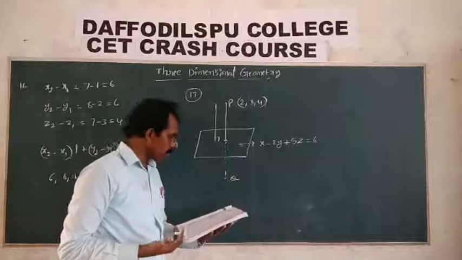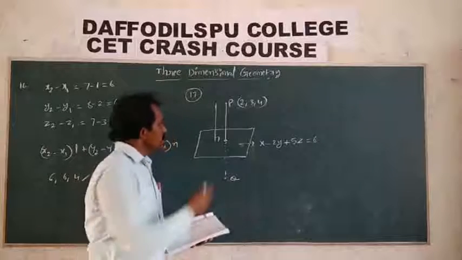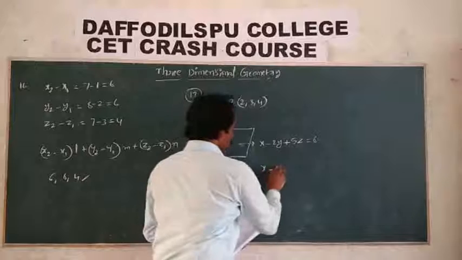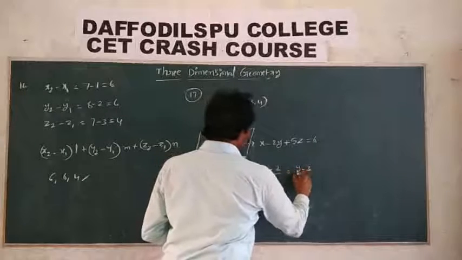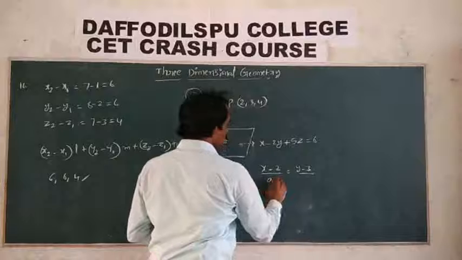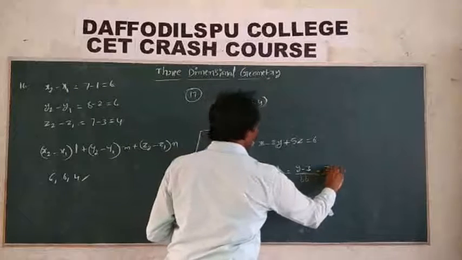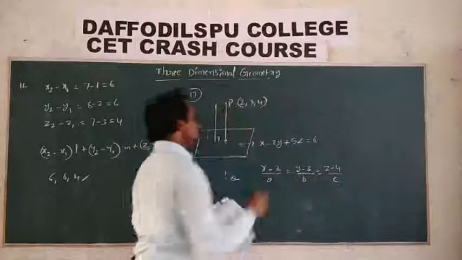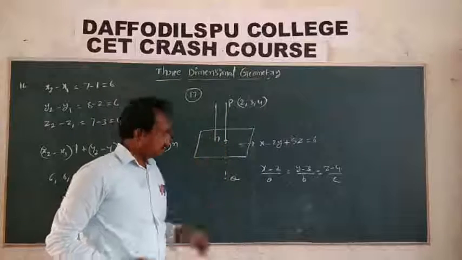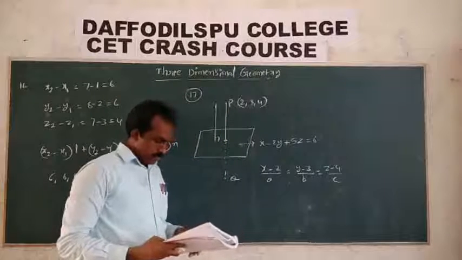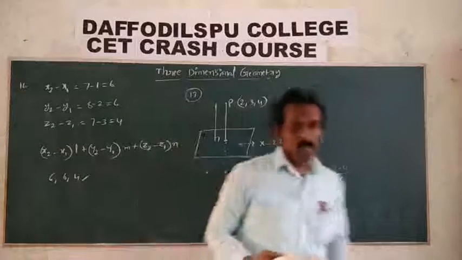So that's why we verify the options. Verify options. Passing through (2, 3, 4), the line is (x minus 2) by something, (y minus 3) by that, which is nothing but a, b, (z minus 4) by c. These are the direction ratios of this line. Then the equation of the line PQ.